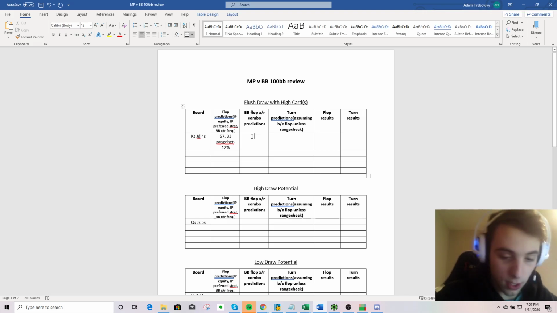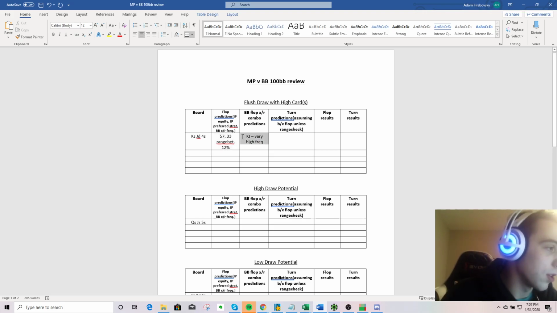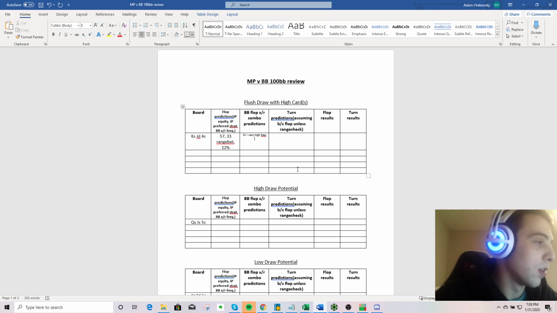So the big blind flop check raise combo predictions. King Jack, I assume is going to be 100, or at least we'll say very high frequency. I'm actually going to make this smaller. So King Jack is going to be very high frequency.